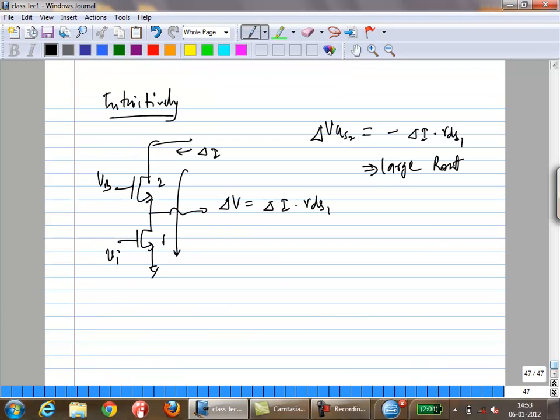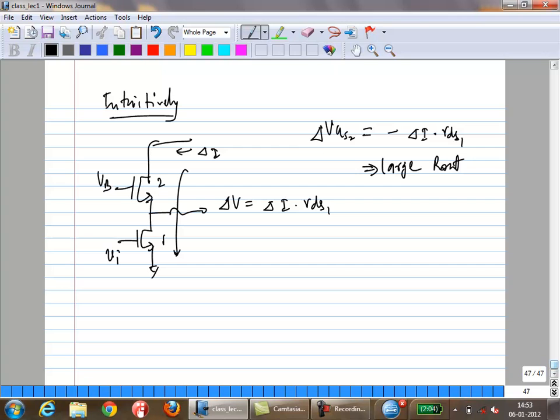If you have a very large output impedance for any circuit, what that means is if you try to inject some current, that circuit actually opposes that change in current. If you take a current source which has infinite output impedance, you try to inject some current, you can't do it, right? So let's say you try to inject a current delta I into the circuit. Delta I multiplied by the output impedance of the first transistor gives you a delta V, which is delta I times RDS1.